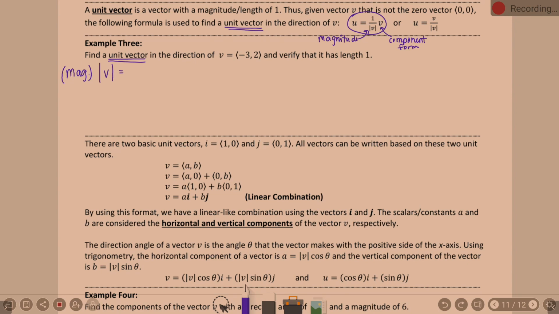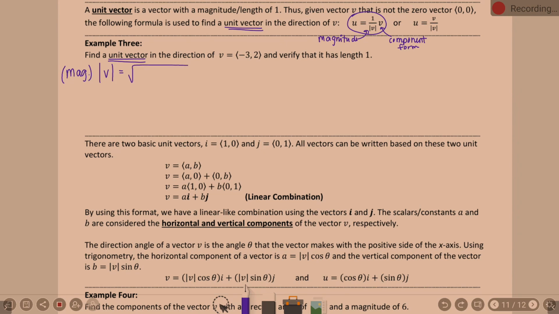Flip to the front side if you need to. Okay, magnitude is the one that is the absolute value signs. Absolute value of v. What are we doing? Is it v1 plus v2, or v1 squared plus v2 squared? Okay, so it's the square root of v1 squared plus v2 squared.